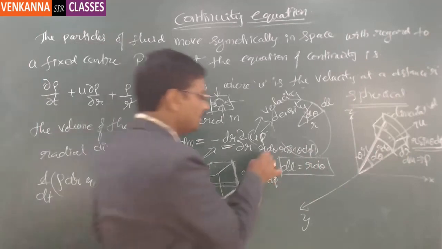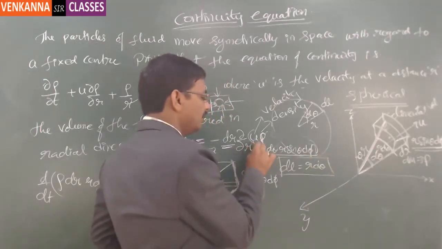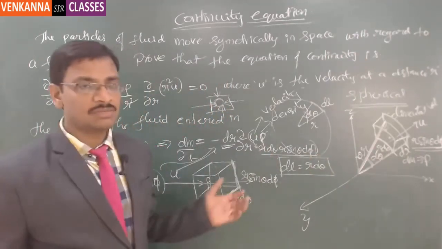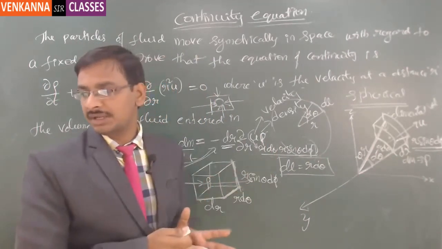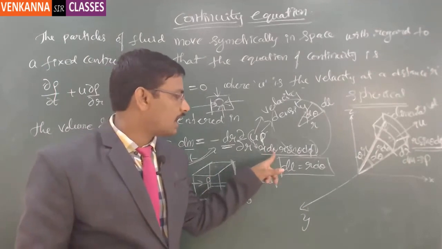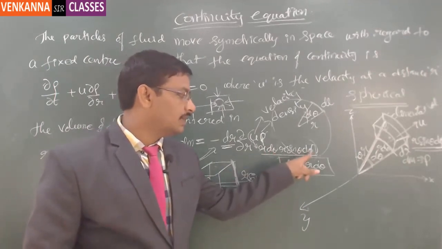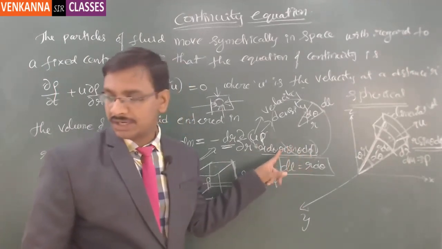This area multiplied by velocity is the rate of transfer of fluid across that cross-sectional area. That cross-sectional area is r d theta into r sin theta d phi, which is perpendicular to the radius direction.